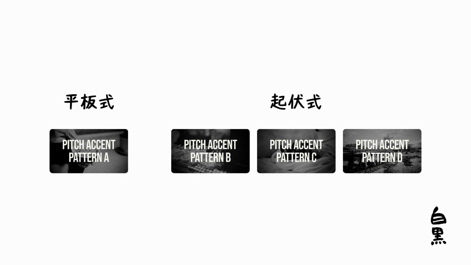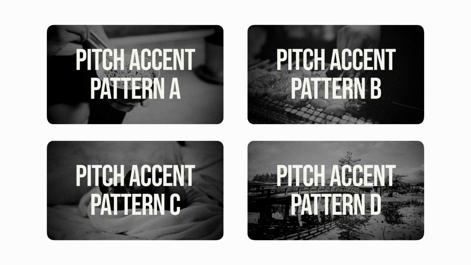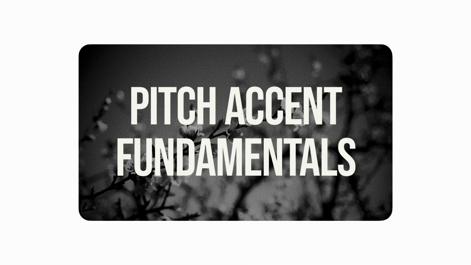That is, any of the pattern B, C, or D. If you're not yet familiar with these pitch accent patterns, I strongly recommend watching my pitch accent patterns series or the fundamentals video first. Now let's dive in.